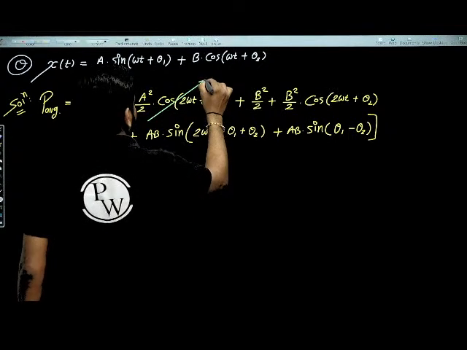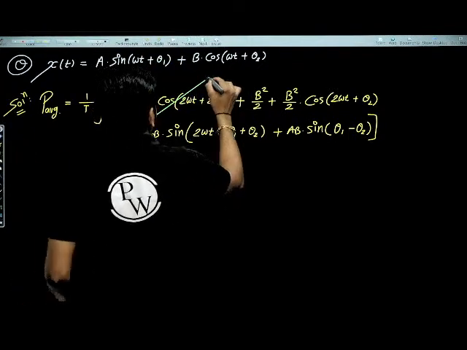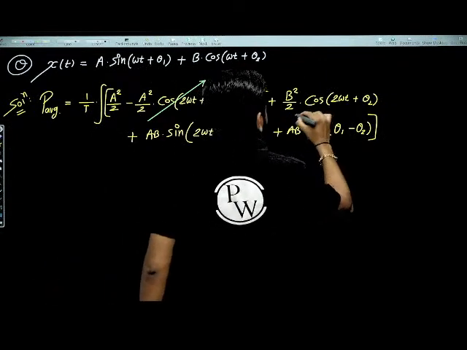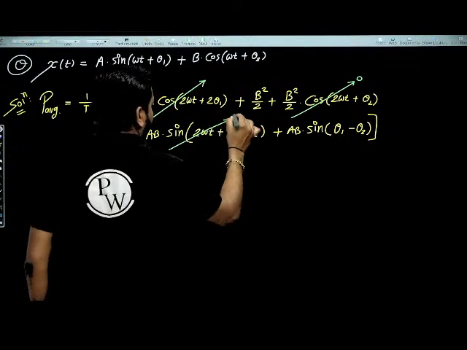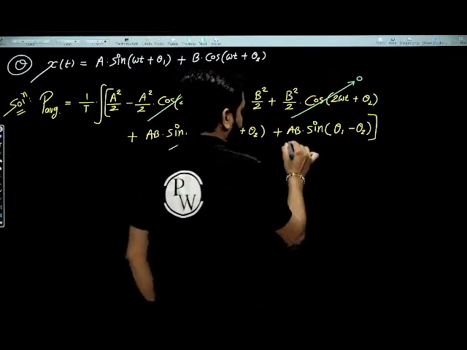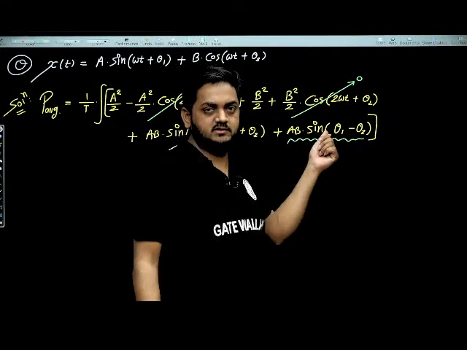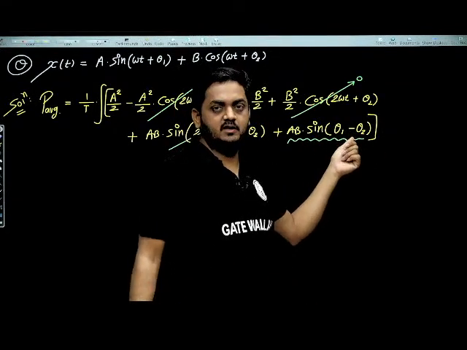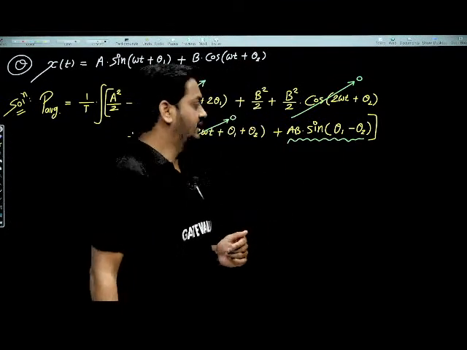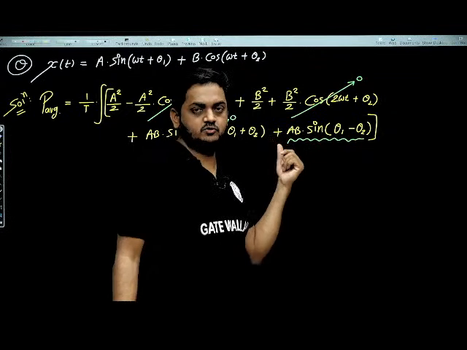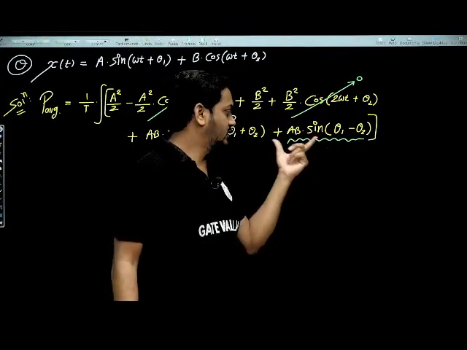Again the answer of this integration is 0, this one is 0, this one is also 0. But as you can see here, this is the DC value. Suppose theta 1 is 60 degrees and theta 2 is 30 degrees, it is sin 30, which is 1 by 2, correct? And A and B are constant, so it will be DC. So this term will come into the picture.